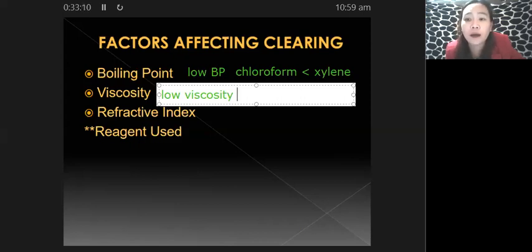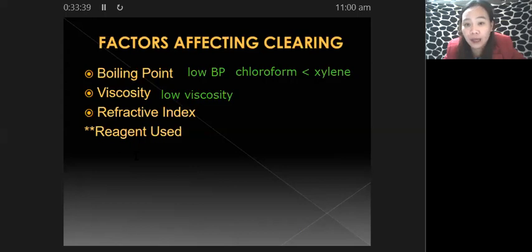As compared if, for example, your reagent has a high viscosity. What can you say about the fluidity of your reagent? In this case, it has a low fluidity. That means it's harder for your reagent to penetrate your tissue sample. And then the next one, we have your refractive index.